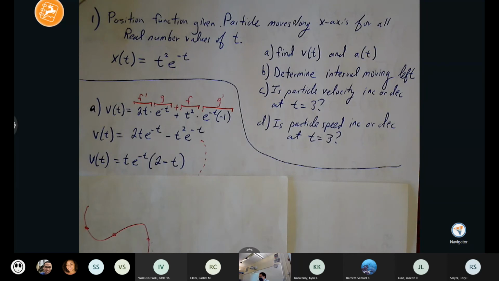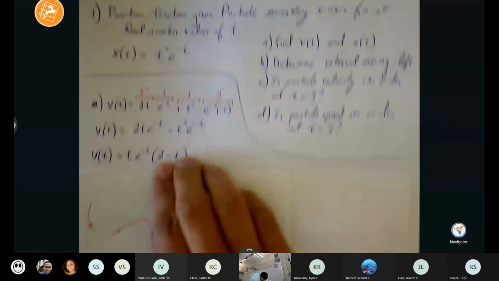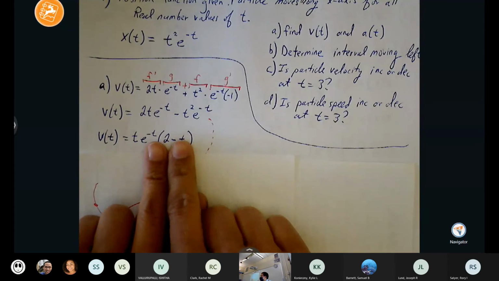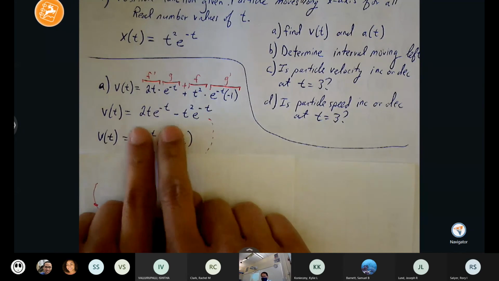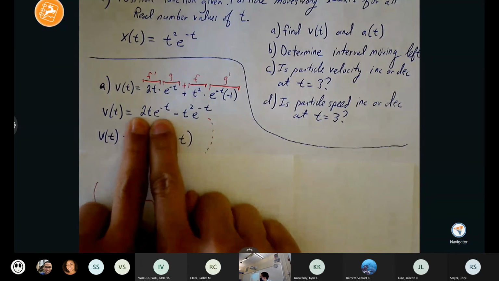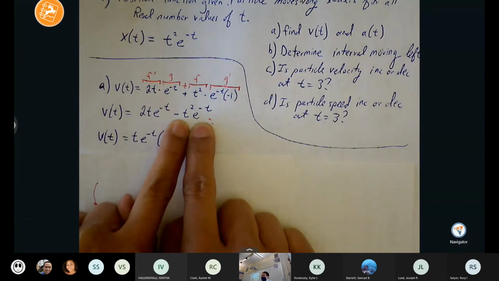Okay, any questions there? Now, if I want to find the acceleration function, what do you think we need to do here? Let's start here. I think this is an easier place to start. What do you see? What's needed? What do you guys think? Right, we also need product rule, but what makes this a little bit longer? Twice, yep. 2t and e to the negative t, we've got to go through product rule there. And then t squared e to the negative t, we've got to do product rule there as well.